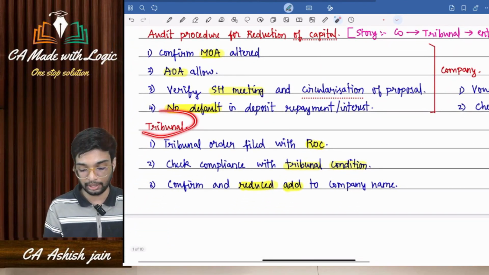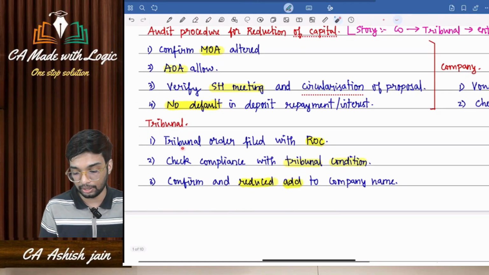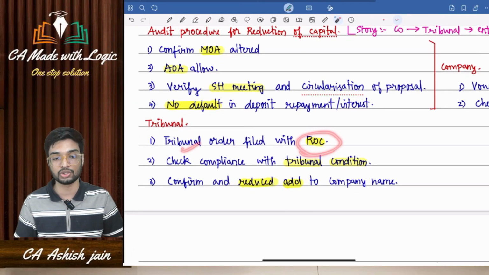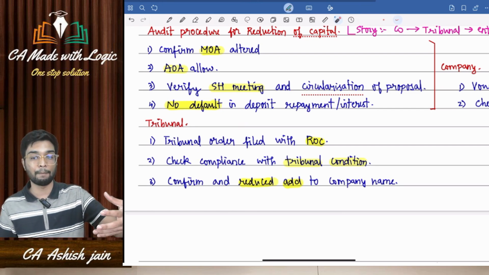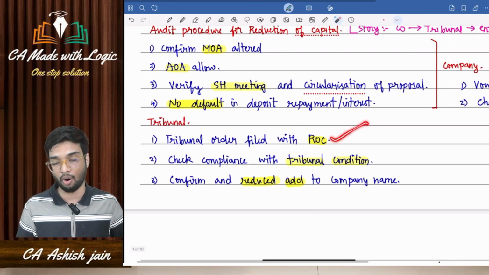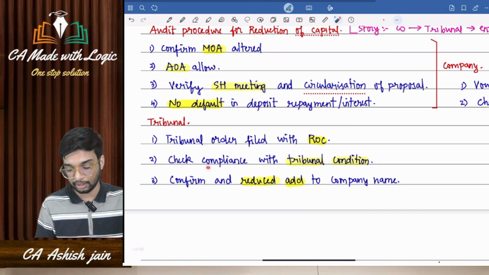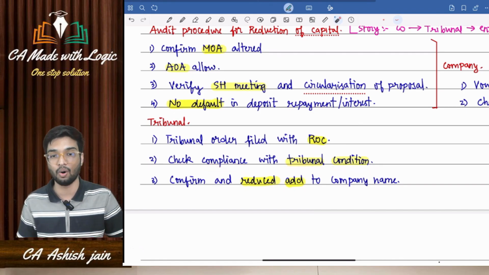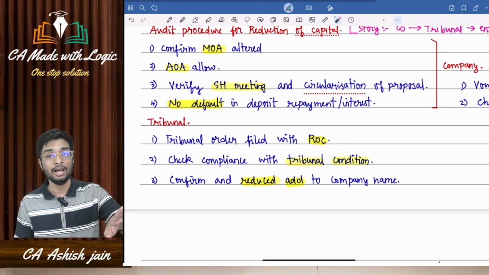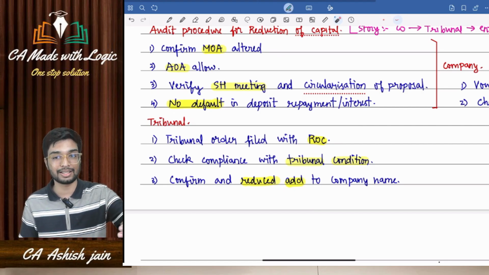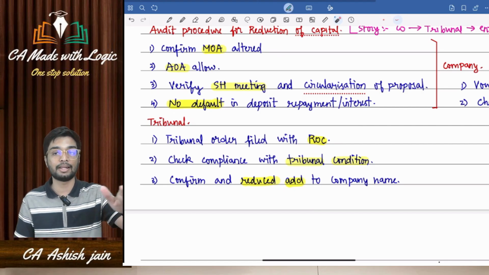Then come the tribunal related points. The tribunal order has to be filed with the ROC. Whatever order the tribunal has passed has to be filed with the ROC, and the auditor has to check compliance with the tribunal conditions, whether they have been fulfilled by the company or not.